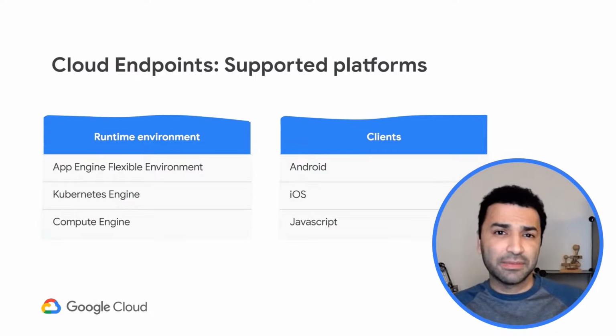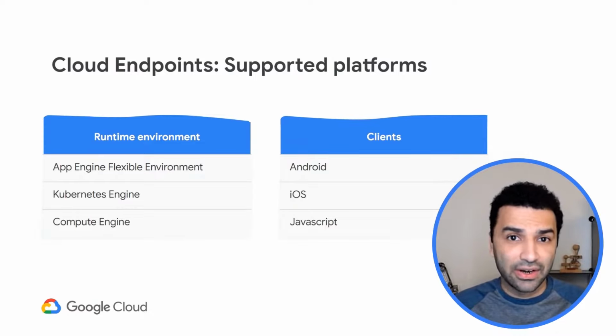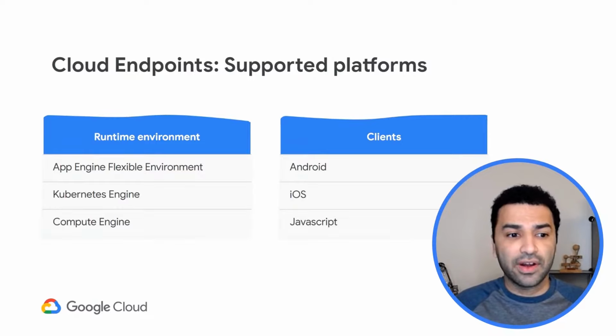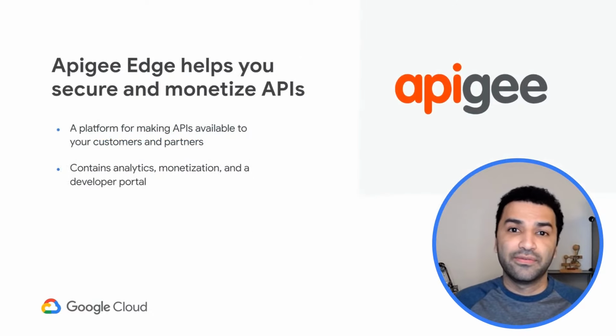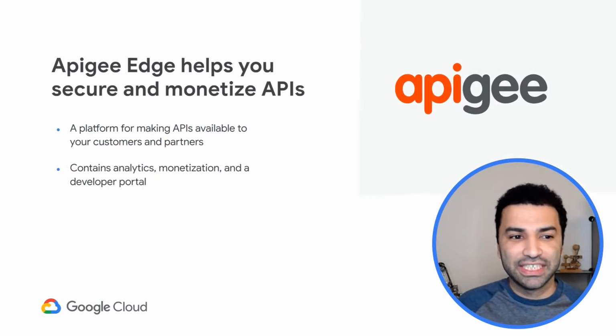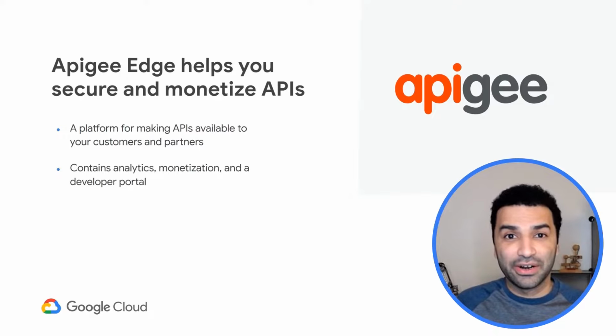And JavaScript pretty much means any web browser, right? So that's for the client side. And for the runtime environment, Cloud Endpoints will work great when you are using App Engine Flexible, Kubernetes, or Compute Engine, of course.